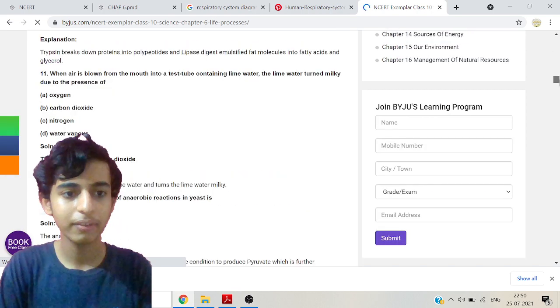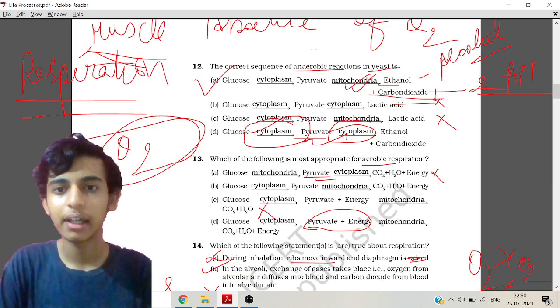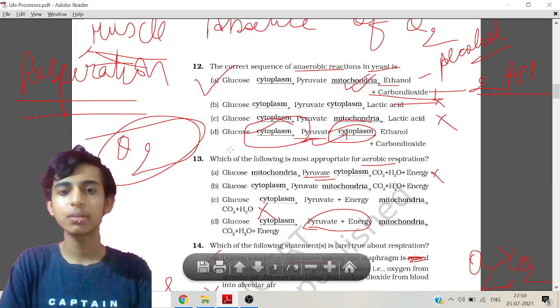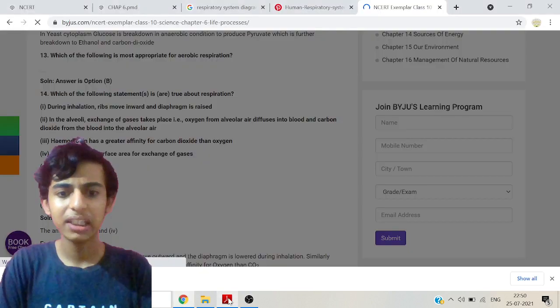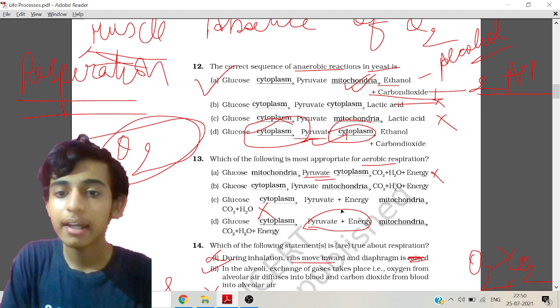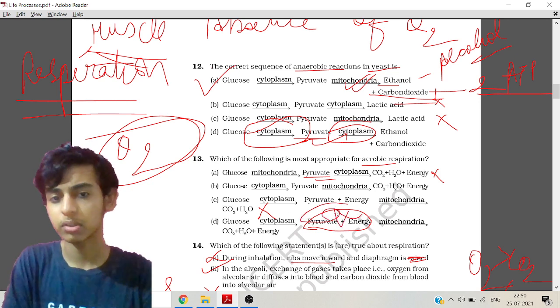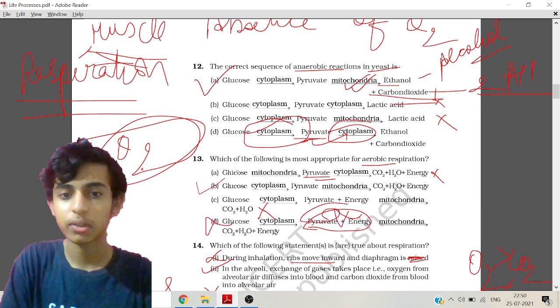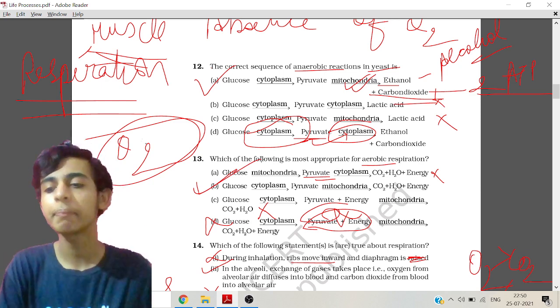Which question we were doing? I think 13. Yeah. So as I told you, now I think you must have seen the answer, and I was also saying the same thing, that whenever glucose is broken down into pyruvate, energy is not formed. So D is the wrong answer. So your answer becomes B. So I've given you the answer, although you had to give me, but it's okay.